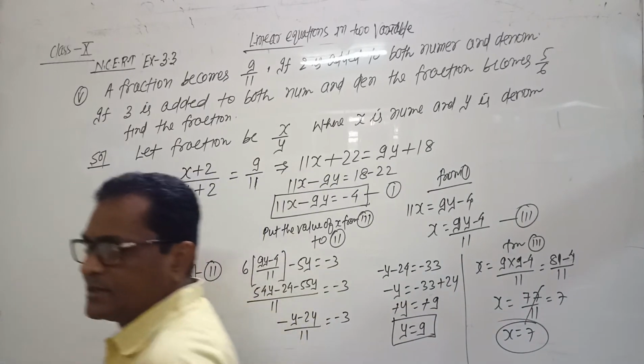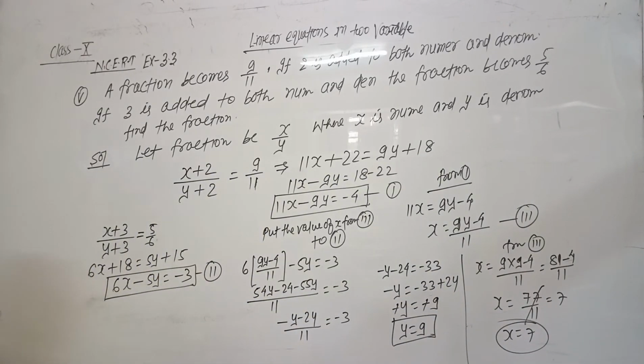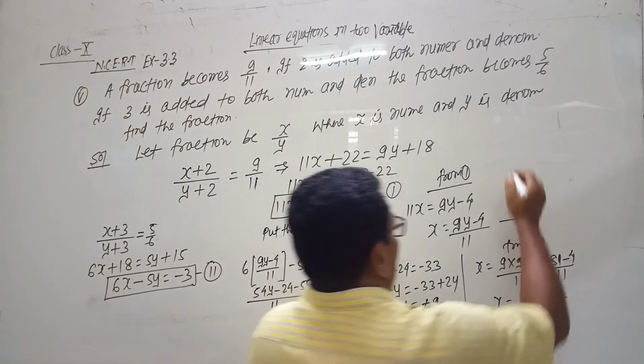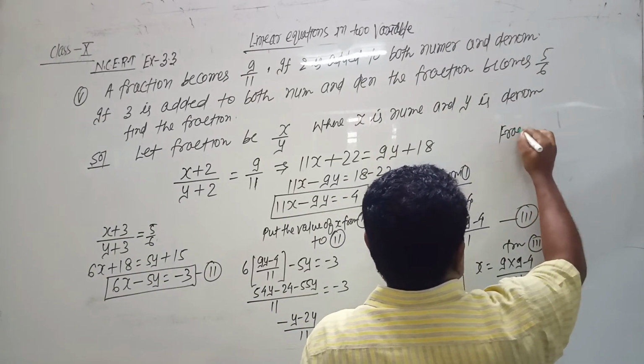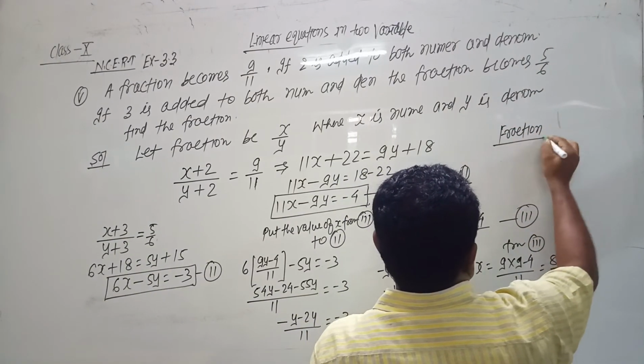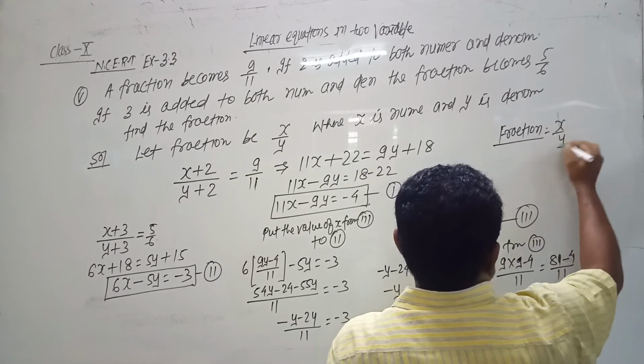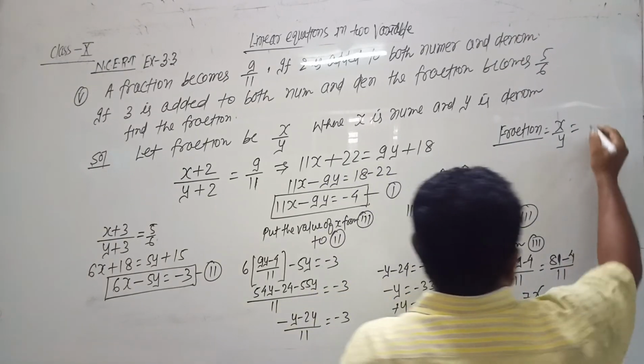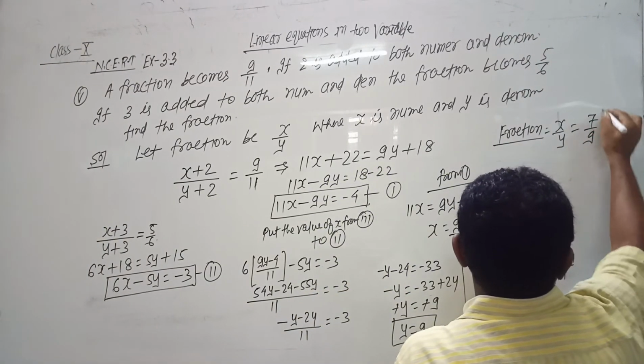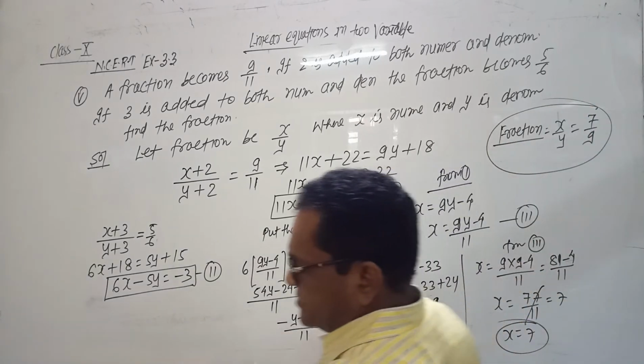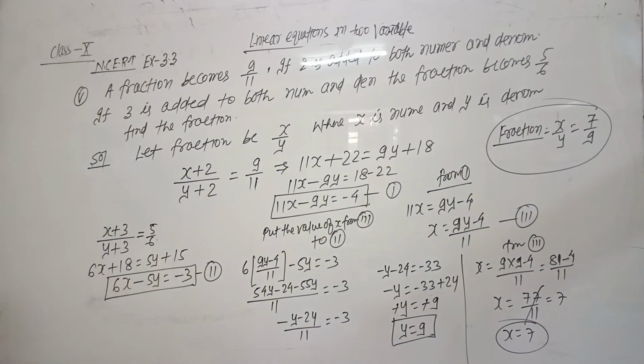So we have to find the fraction. The fraction was written in the form of x by y, and the value of x is 7 and the value of y is 9. So this is the result. The fraction is 7 by 9.